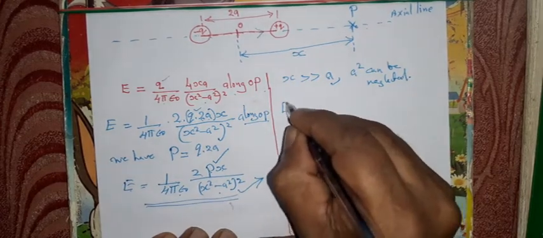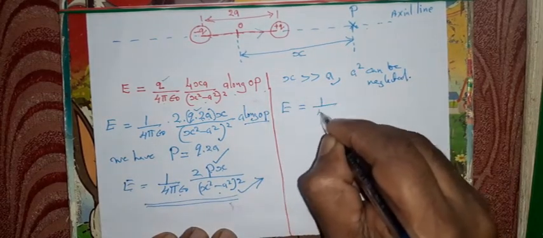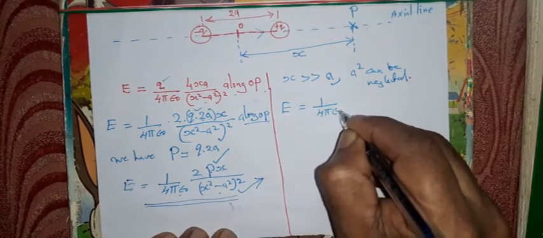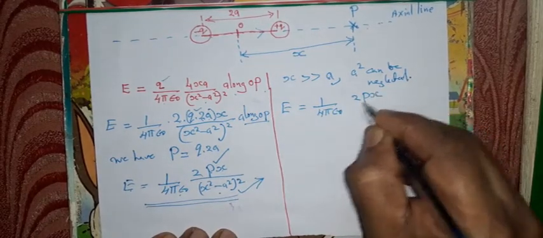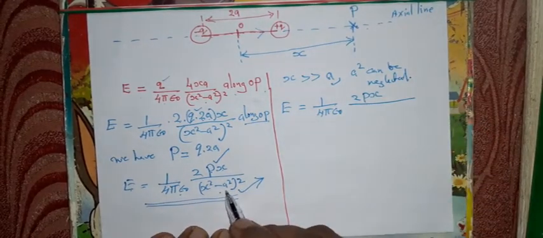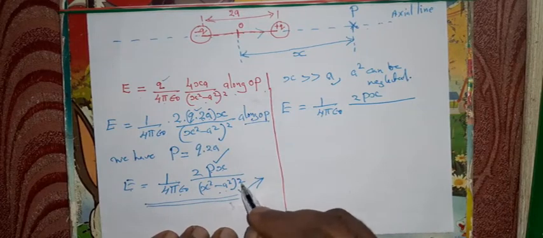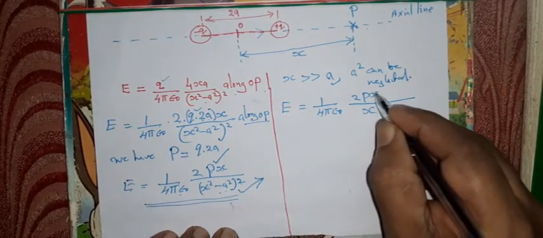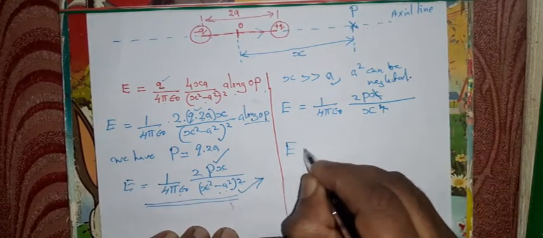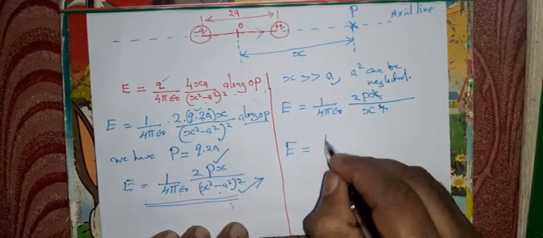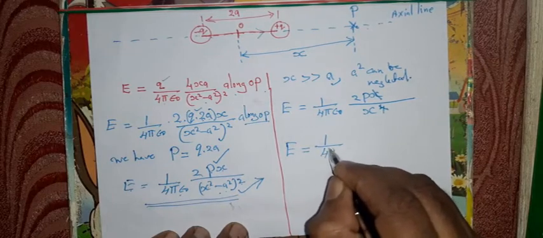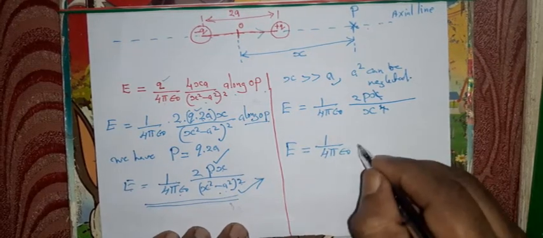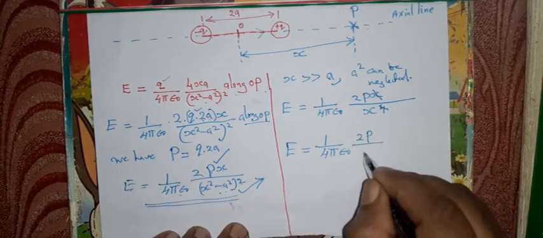E is equal to 1 by 4 pi epsilon 0 into 2PX divided by, this A square is 0, X square raised to 2, that is X raised to 4. You can cancel X, and you get the final expression as E is equal to 1 by 4 pi epsilon 0 into 2P by X cube.